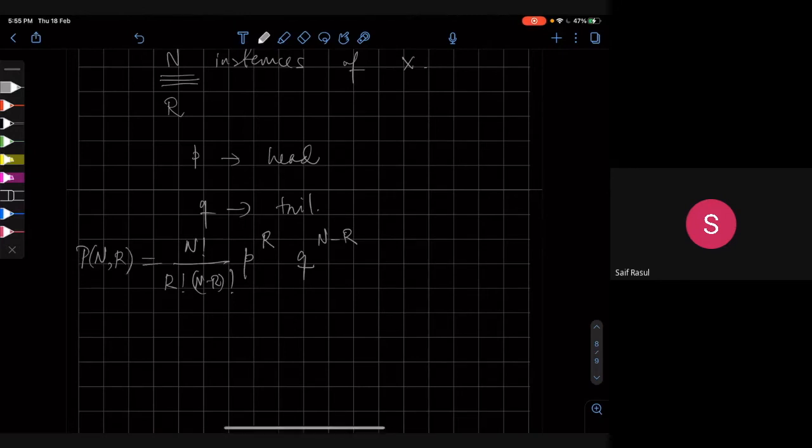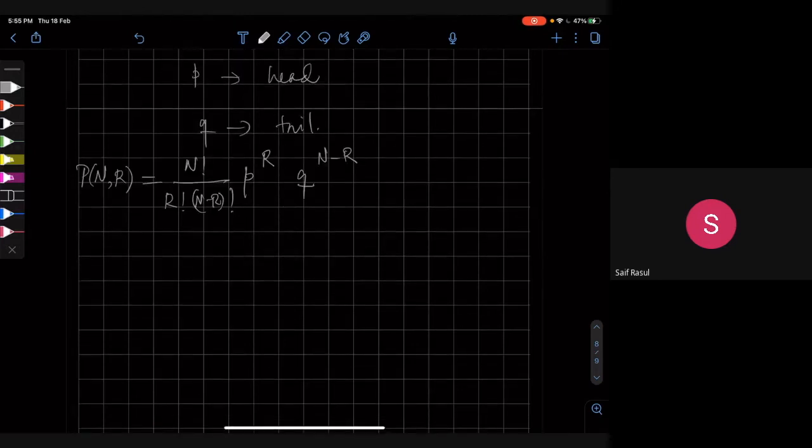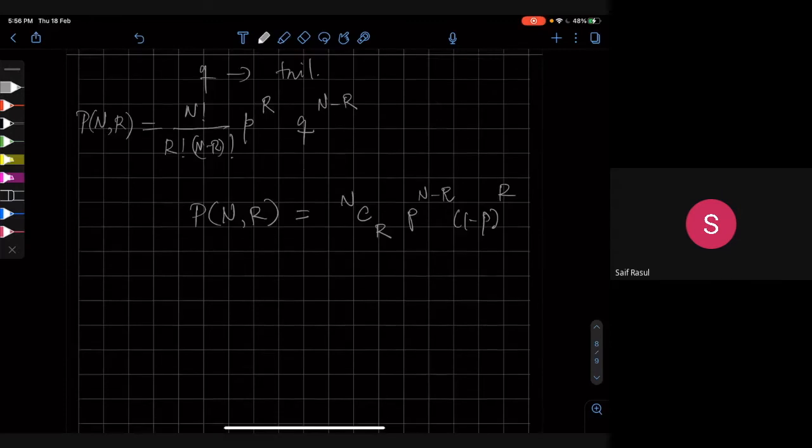And we can write this in a shorthand notation, P_n(r), as n choose r times p to the power r, and then 1 minus p to the power n minus r, or q to the power n minus r. And this distribution is called the binomial distribution.